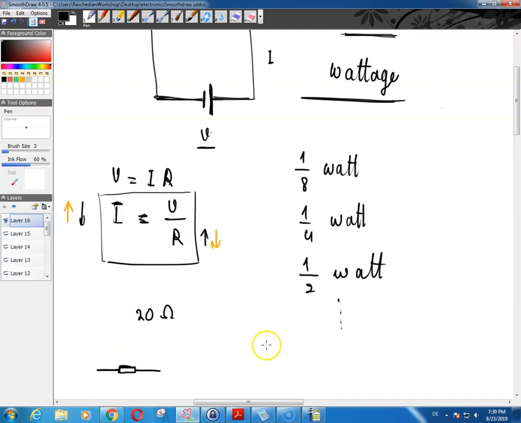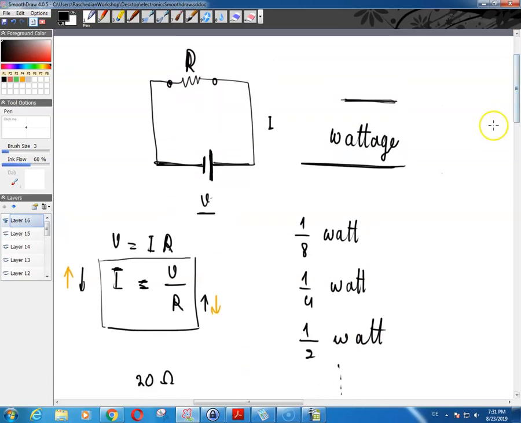Now the same 20 ohm resistor, if it's a 10 watt resistor, is going to be something big, like this. It would be a cuboid, something this big, with these leads over here. It would be very heavy, with a metal heat sink, and so on. So as you increase the wattage, of course the body of the resistor is going to grow and grow.